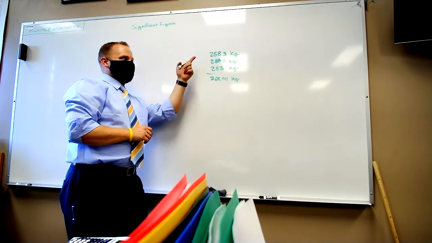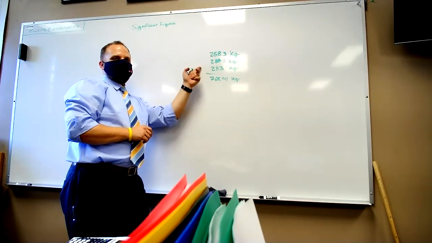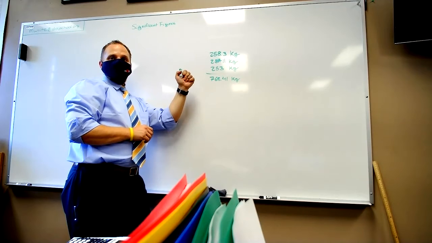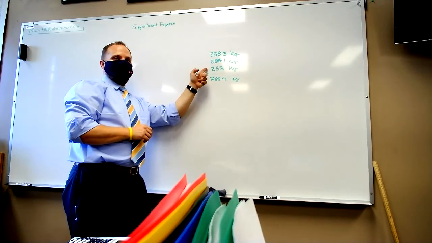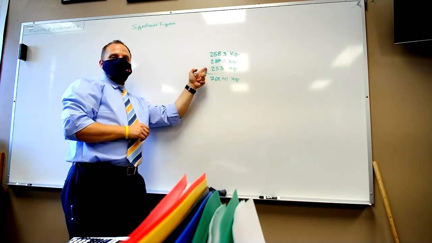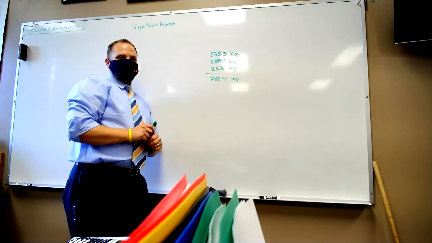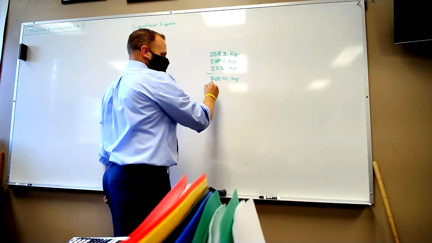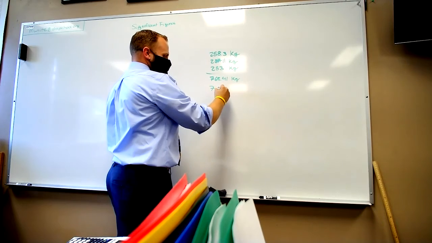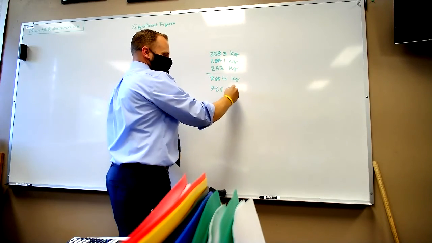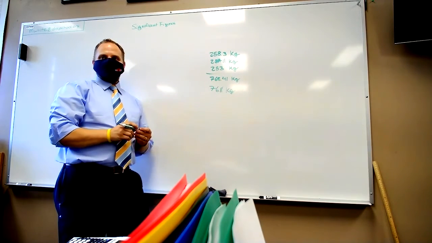So which one of these has the fewest number of digits to the right? The third one, yeah, doesn't have any. So that means our answer can't have any either. So our final answer has to be rounded off to 768 kilograms.